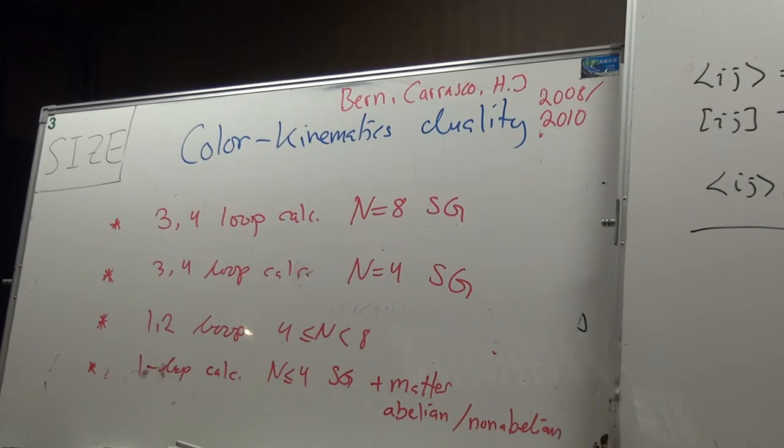I was thinking, could the numerator satisfy the relations inherited from other representations? Yeah, that's a good question. I think that's possible. Although it has to be the least constraining representation, because this numerator is supposed to be valid.